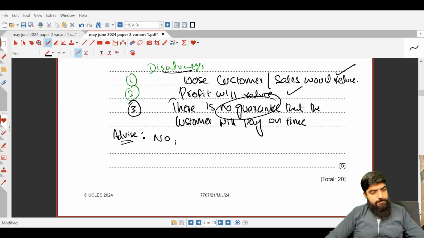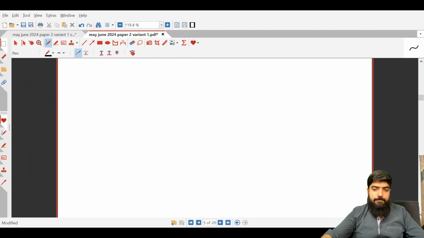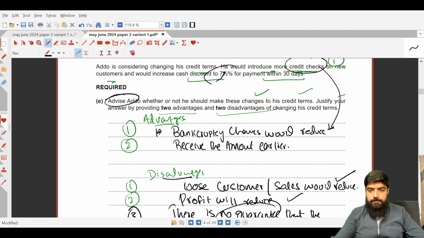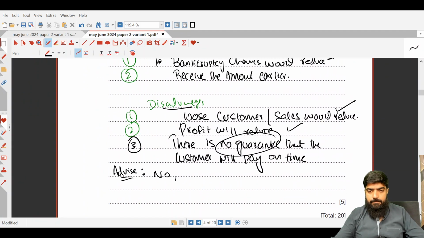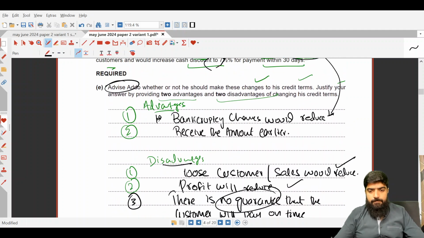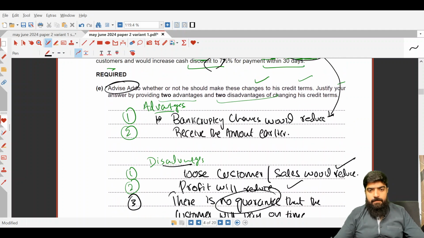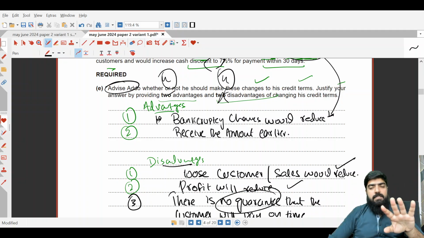So here's a really good question. What do you do if you can't figure out a disadvantage? Suppose there are two advantages and disadvantages, but you can't figure out one disadvantage. What do you try to do in the exam? Let's say there are four advantages and four disadvantages.